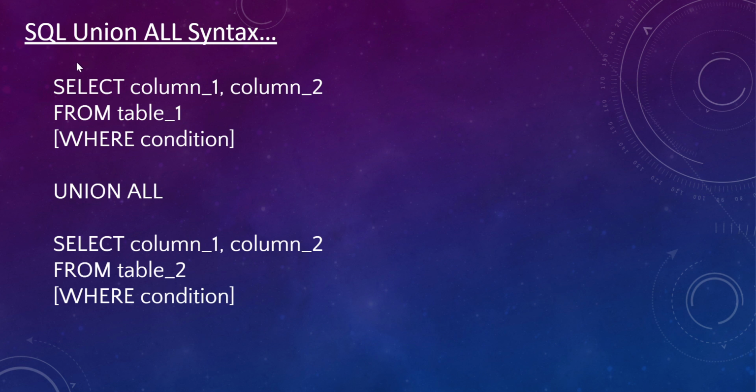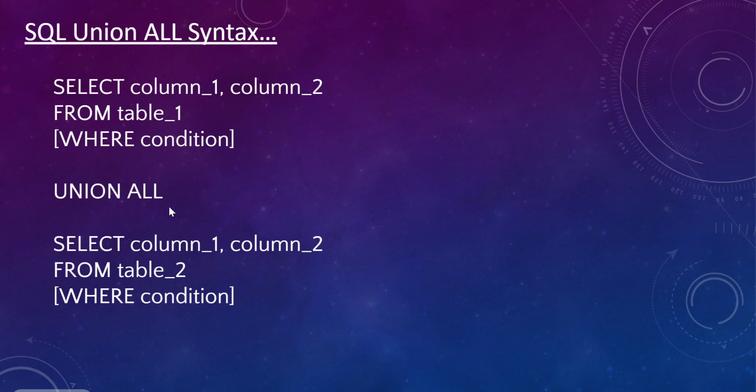So let's see the syntax. Select column 1, column 2 from table 1, then the where condition, again optional. Then we add union all, and this is the select query for the second table: select column 1, column 2 from table 2, again with an optional where condition.